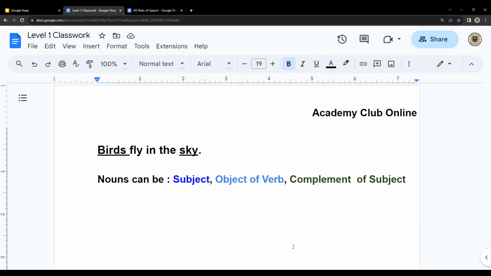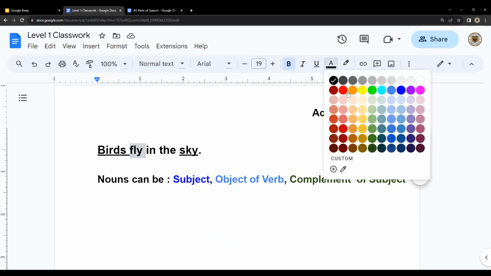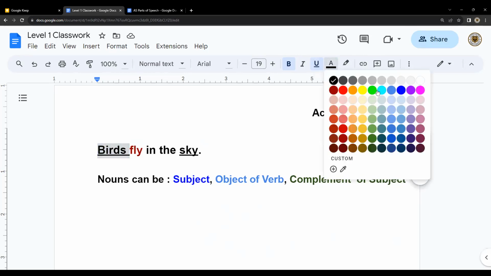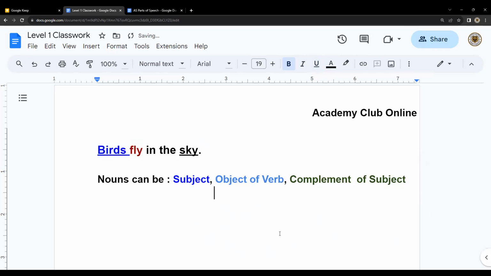Yeah, what's the verb? Es fly. So we're going to put fly in red. Okay, so what's the subject? Birds. Okay, and ¿qué es todo esto?